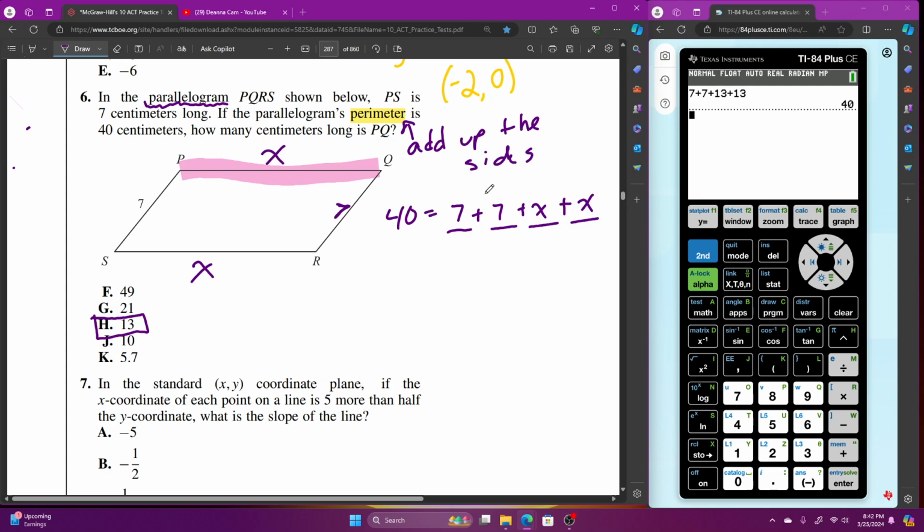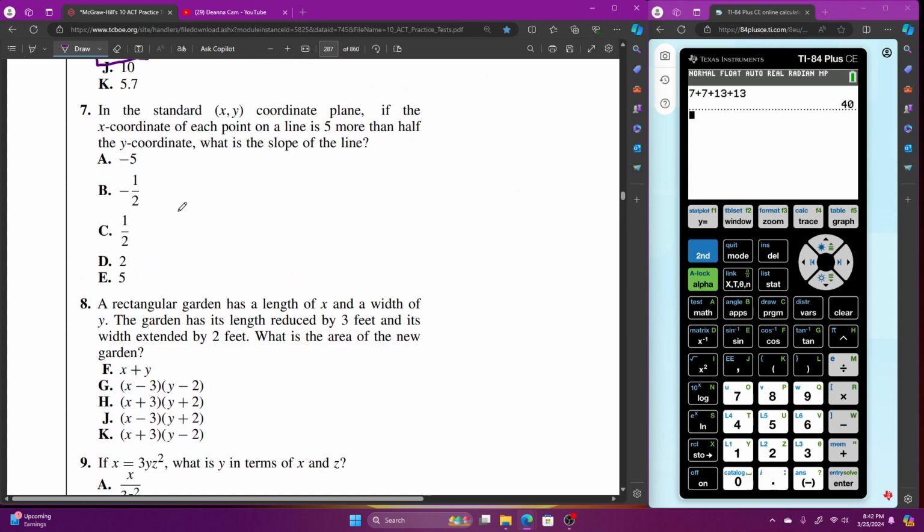And then we can continue to question number 7. In the standard XY coordinate plane, if the X coordinate of each point on a line is 5 more than half the Y coordinate, what is the slope of the line? I'm going to go right back to my 5th grade teacher strategies, right?